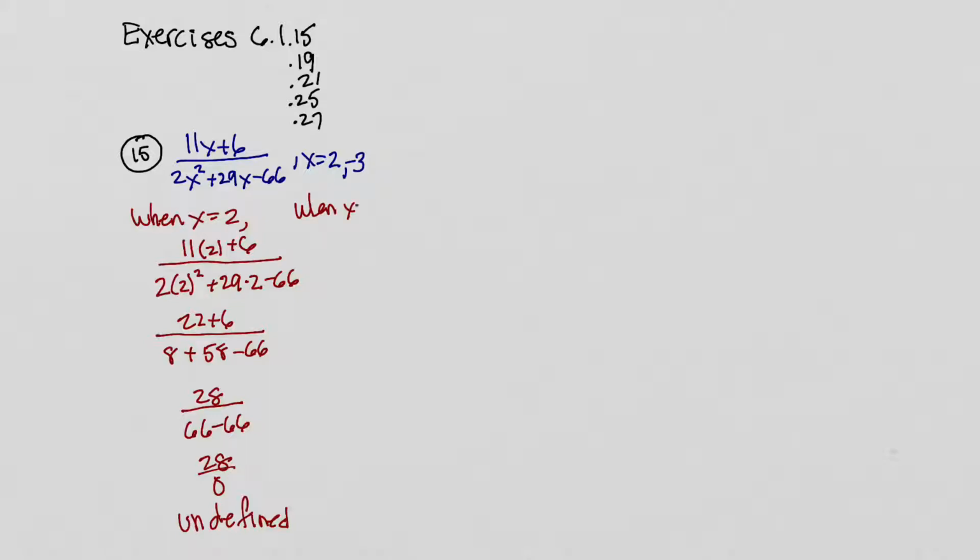When x is equal to negative 3, let's substitute that into the numerator. We'll get 11 times negative 3 plus 6 over, now in the denominator, we'll get 2 times negative 3 squared plus 29 times negative 3 minus 66.